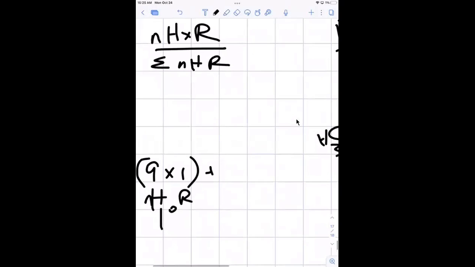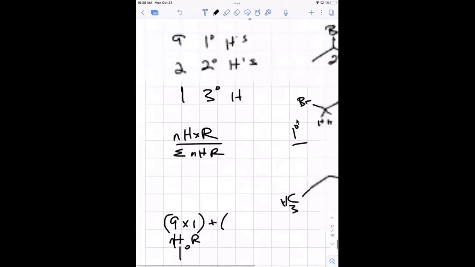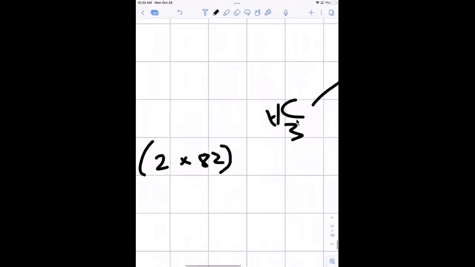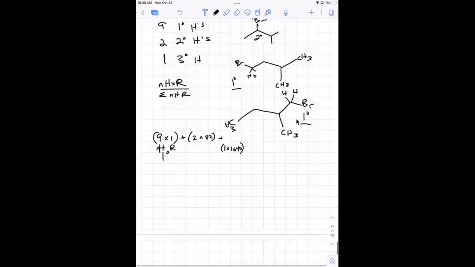And then that's gonna be plus the secondary, we said we had 2 secondary hydrogens, so 2 times 82, plus 1 times 1640. And this is my sum.